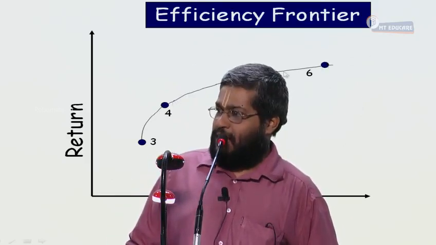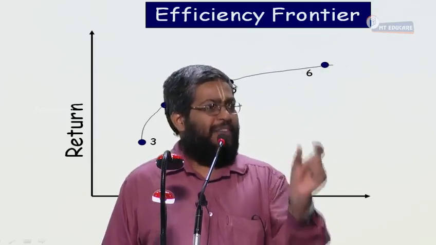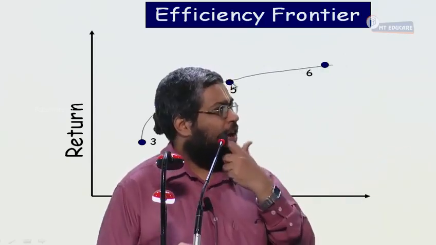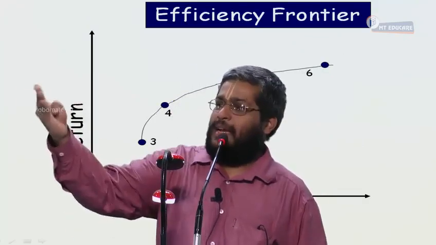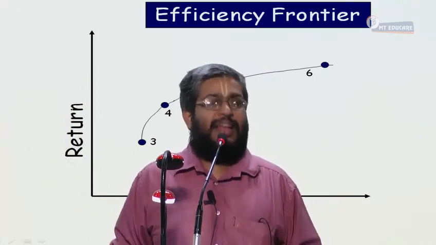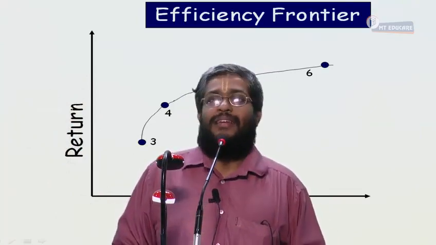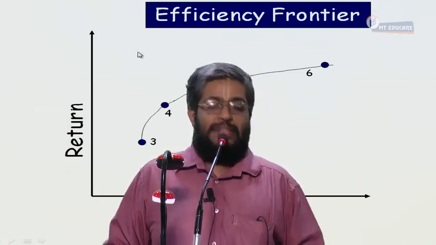A portfolio consists of another package of assets. Are you following what I am saying? Don't differentiate so much between portfolio and security. One security is called a security, multiple combinations are called portfolios. That's all. Can I proceed?